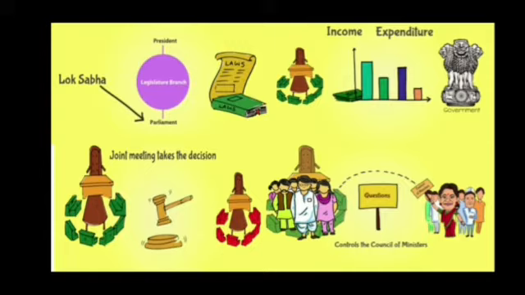Lok Sabha controls the finance of the country. The money bill has to be introduced in Lok Sabha. The government prepares budgets of the income and expenditure which have to be approved by the Lok Sabha.